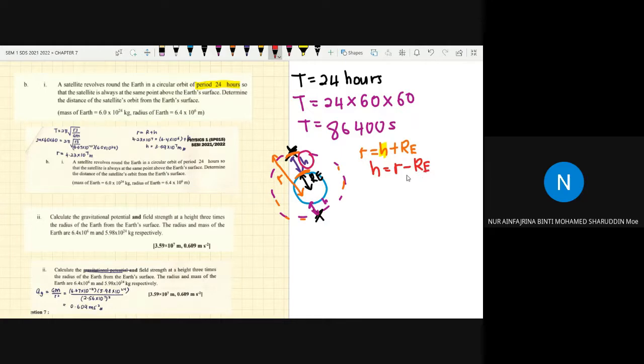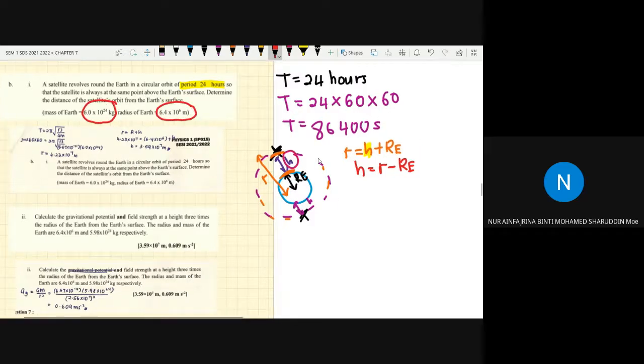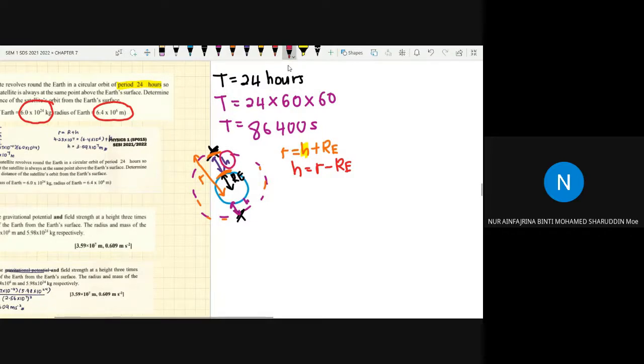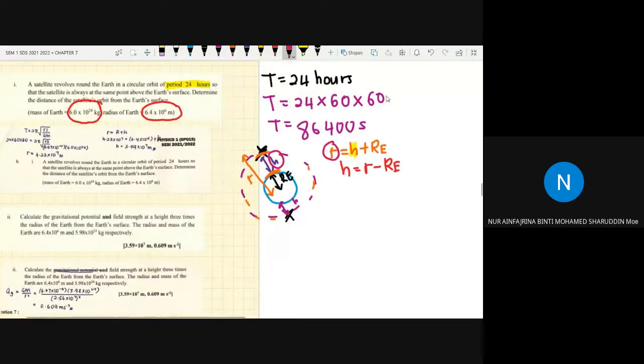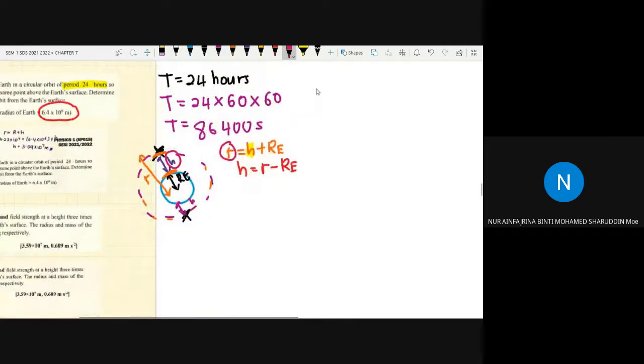But maklumat yang kita ada cuma period, mass of Earth dan juga radius of Earth. Therefore, kita kena cari dulu R kita. So, kalau nak cari, kita tahu kita ada period. Jadi, kita boleh pakai formula period, which is T equals to 2 pi square root of R cube over GM.